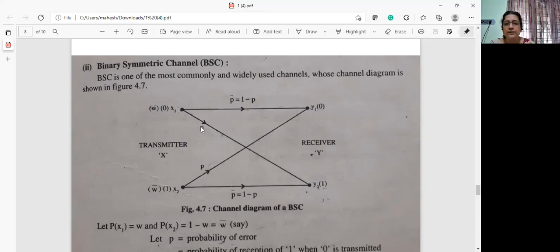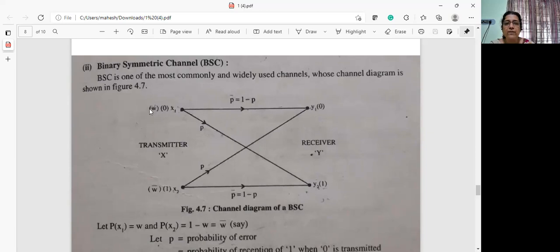Then the probability that x1 is received as 1 at the receiver side is given by P of y2 by x1, that is equal to P. So P is the error probability, probability of error. And for correct reception, x1 will be received as y1, that is x1 is 0, y1 will be 0, and the probability for that is given as P bar is equal to 1 minus P. So I hope now you are familiar with the probabilities.